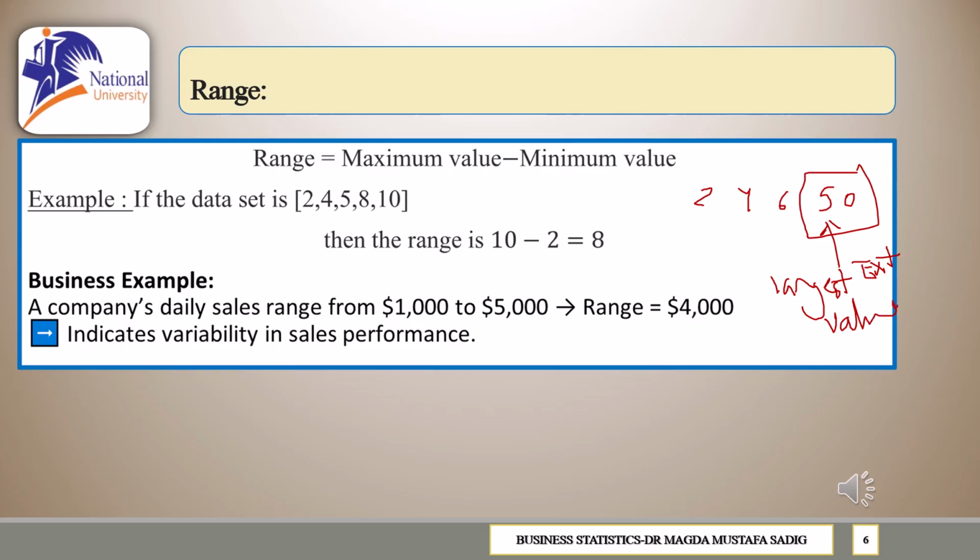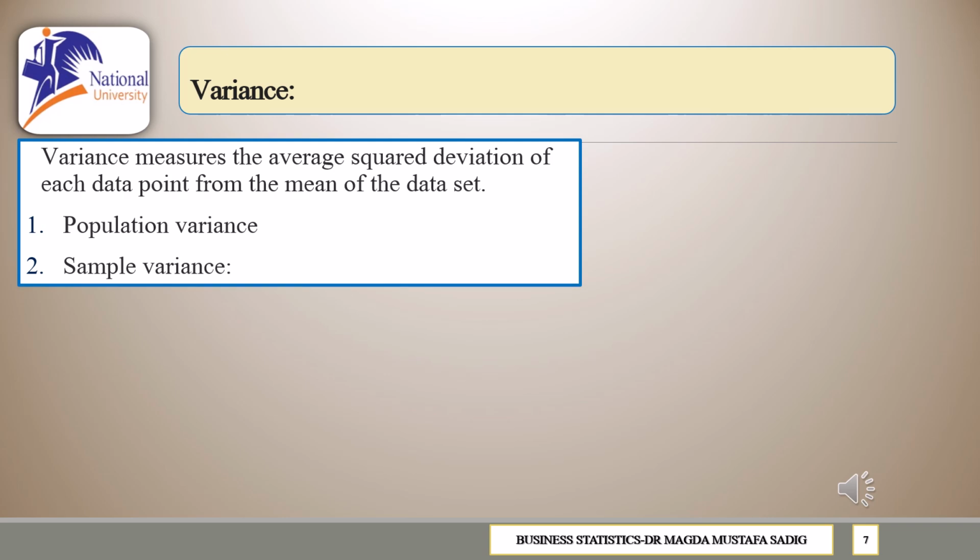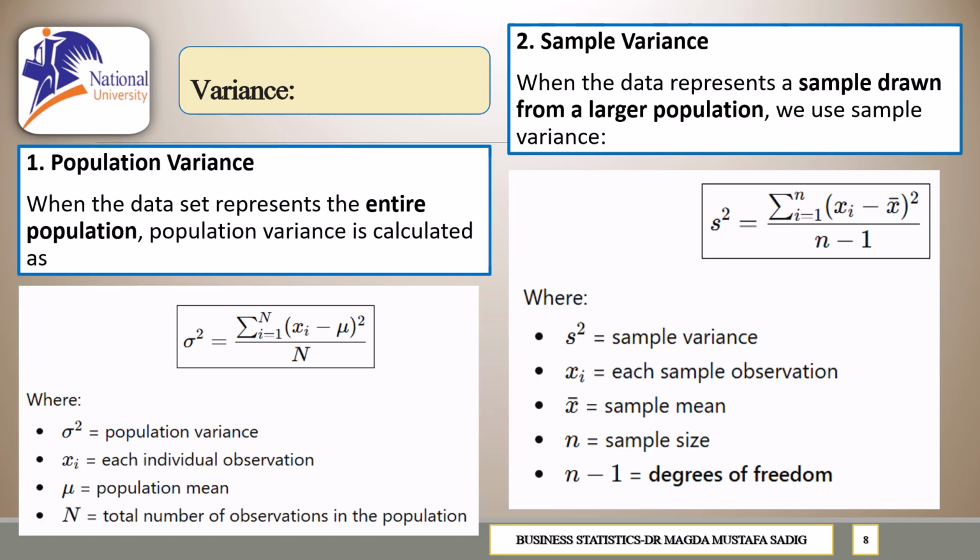So this will affect the value of the range because it will be 50 minus 2. So it will be a very large value, 48. So this indicates large variance from a large population, as I did before.